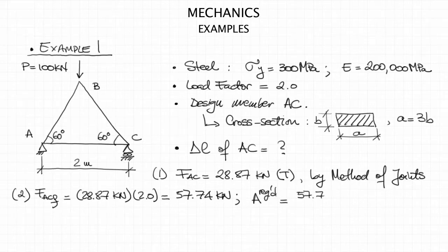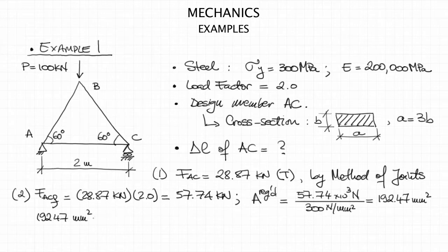From here we can determine the cross-sectional area of the member required, by dividing the factored load in newtons by the yield stress in newtons per millimeter squared, and we require an area of at least 192.47 millimeters squared.